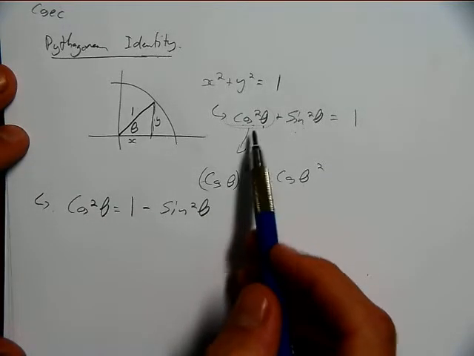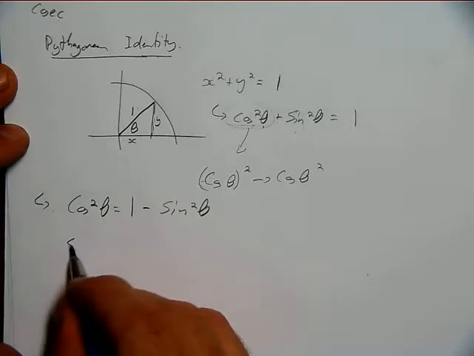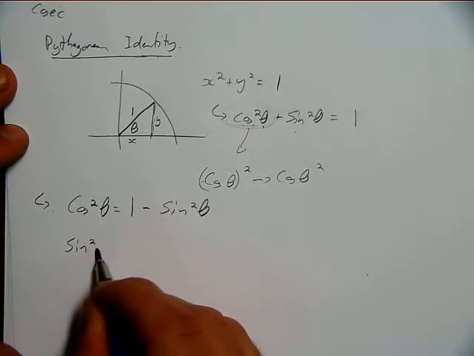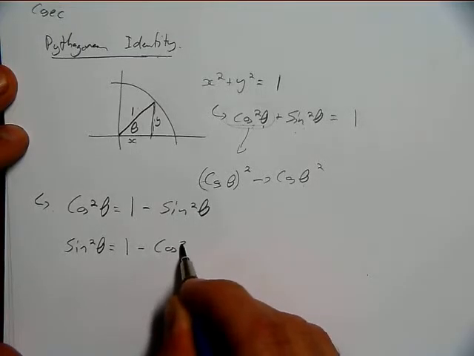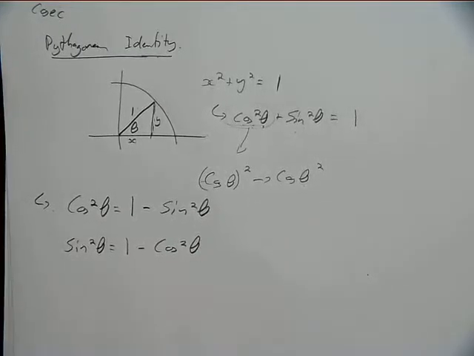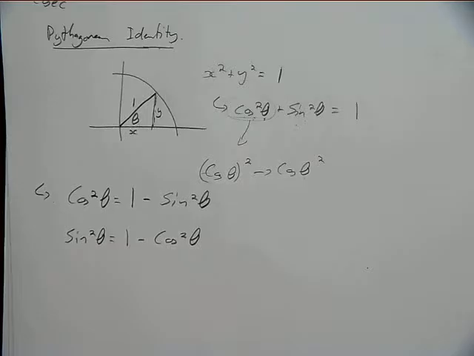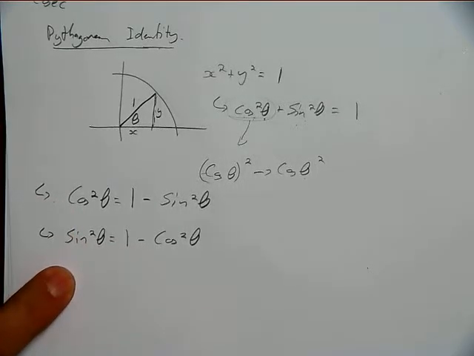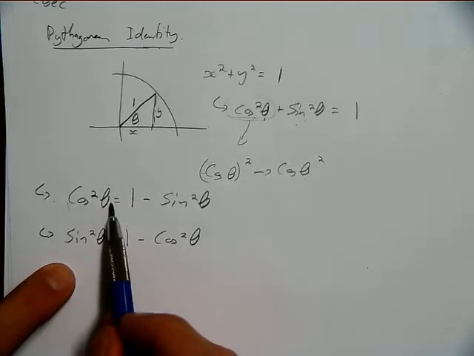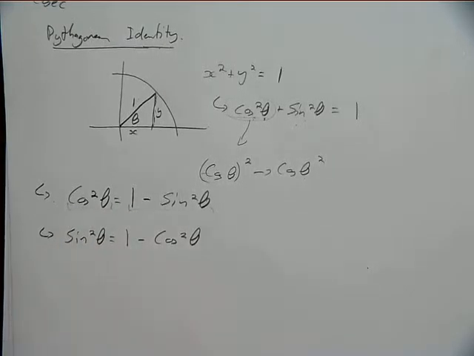I can also take the cos squared theta and say that sine squared theta is equal to 1 take cos squared theta. Okay? So I've got these identities. So anywhere I see this, I can sub in this, and vice versa. Okay, and we're going to see a few areas where we can use that.